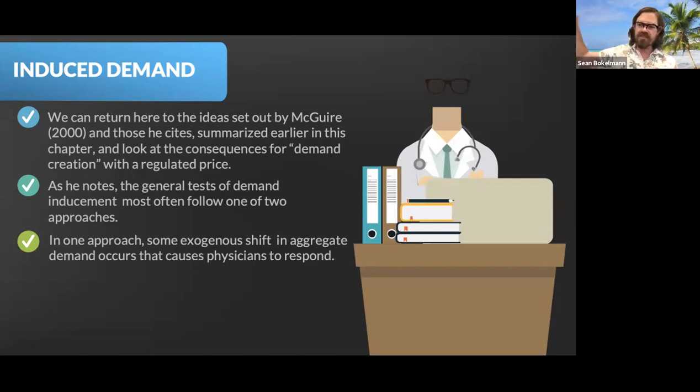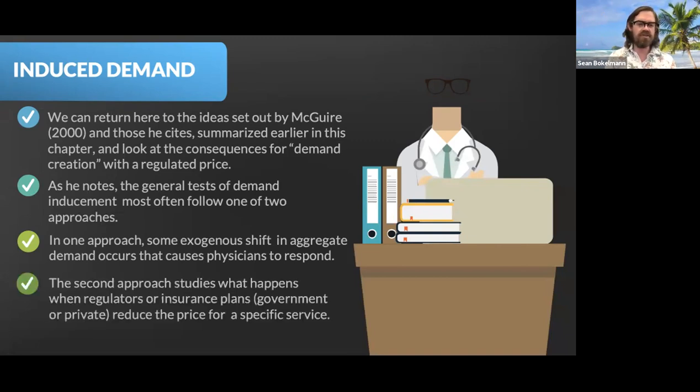There's something outside of the system that causes people to increase their demand for physicians. So obviously, since it's outside the system, there's no way that it can be induced demand. It's exogenous. So that's one approach.